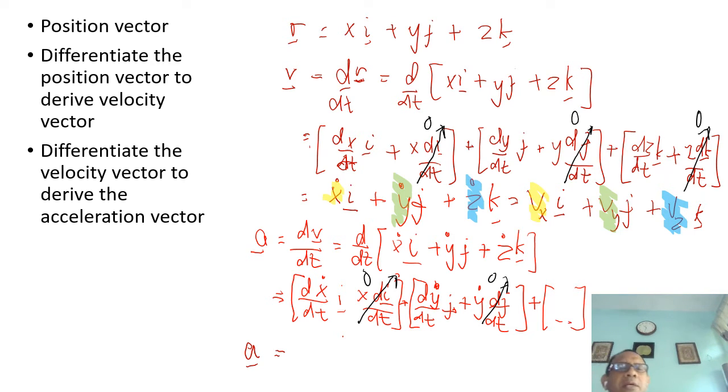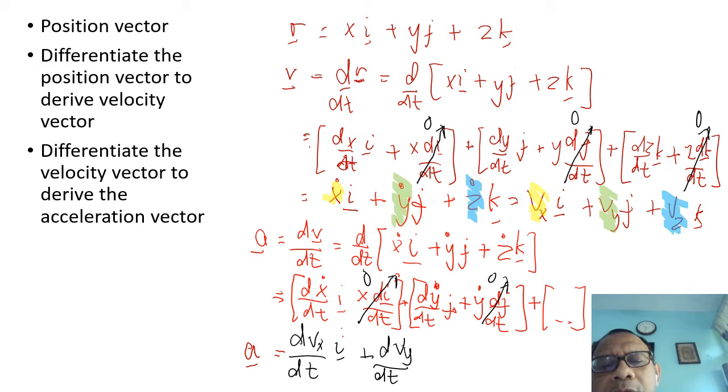Okay, so we get the acceleration as dv, or dvx, coming back to here. So we have dvx over dt i plus dvy over dt j, unit vector j, that is the direction, and then finally dvz over dt, with unit vector k.